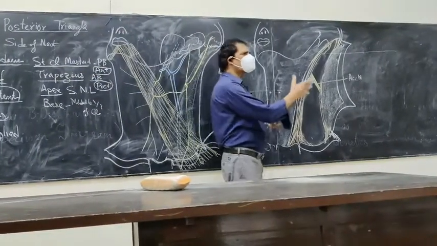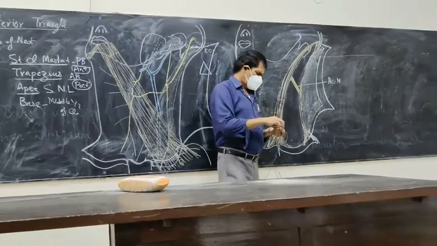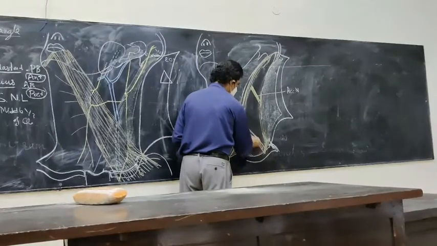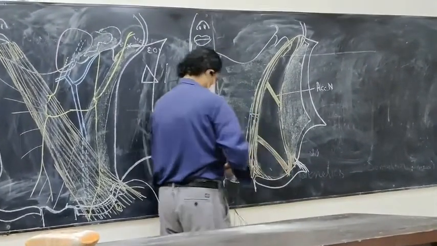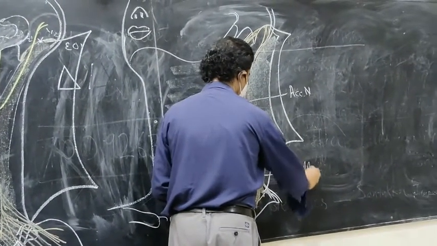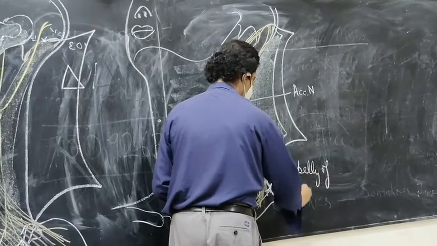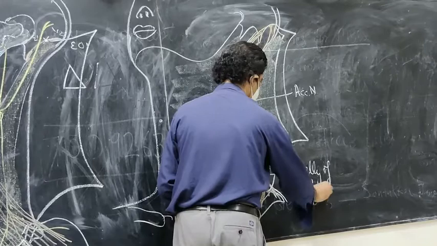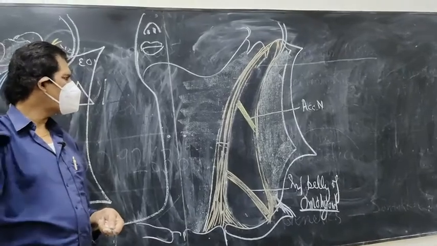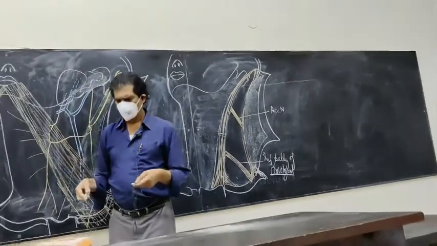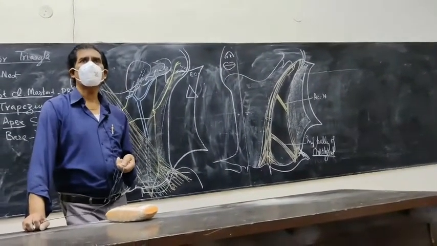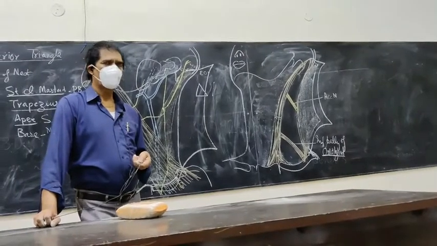That is visible just below the roof. In the lower part, we see an obliquely running muscle. This is the inferior belly of the omohyoid, which we have done in the scapula. This inferior belly takes origin from the superior border of the scapula, just near the suprascapular notch.